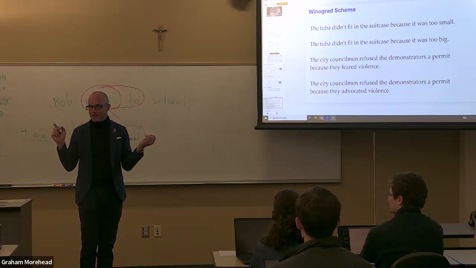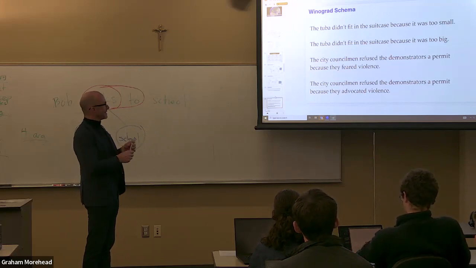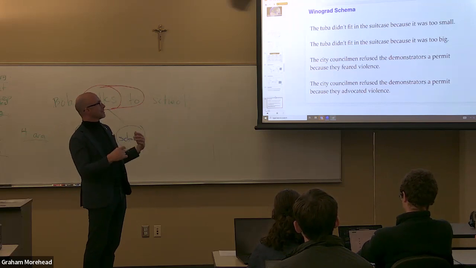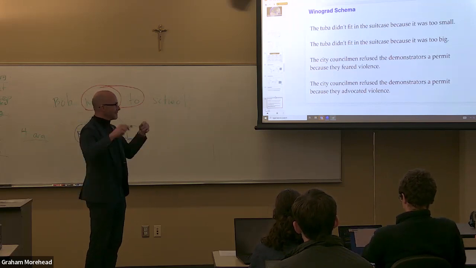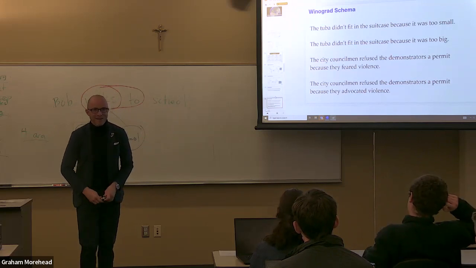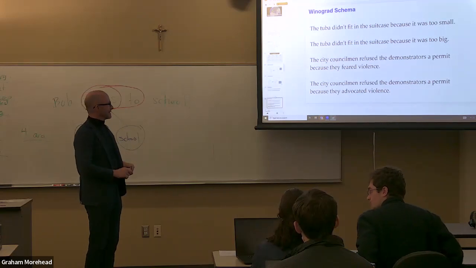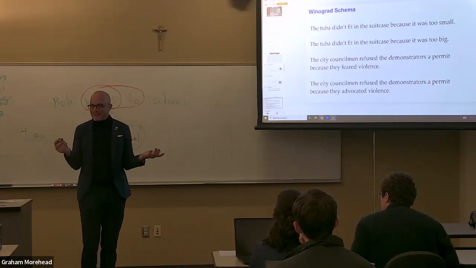In the first one. Who? Okay. City councilman refused the demonstrators a permit because they advocated violence. Who does they refer to there? Speak up, I can't hear. Yes. How do we know that?